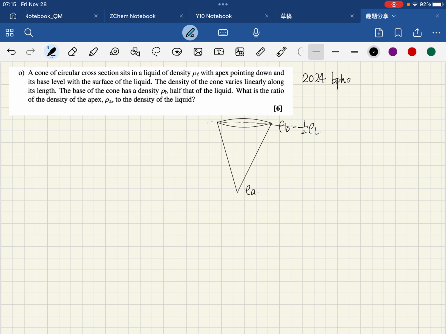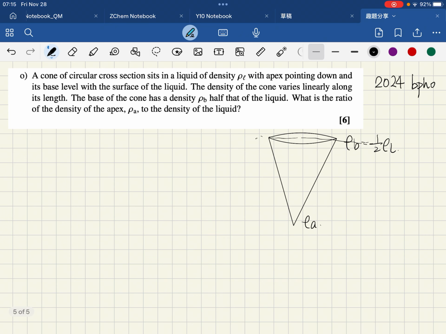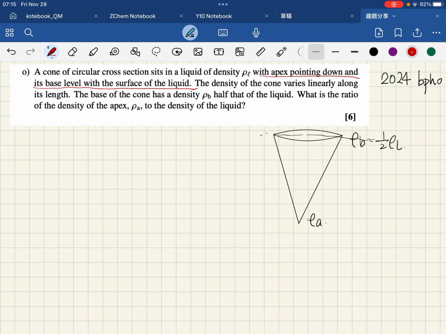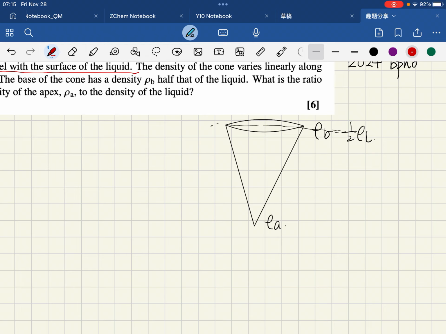So how to do this question? The total thought about this question is to have the relationship by using this sentence. It is the key. What does this sentence mean?